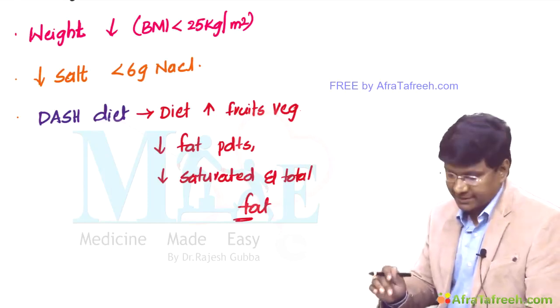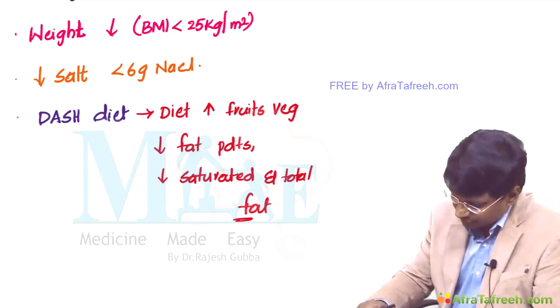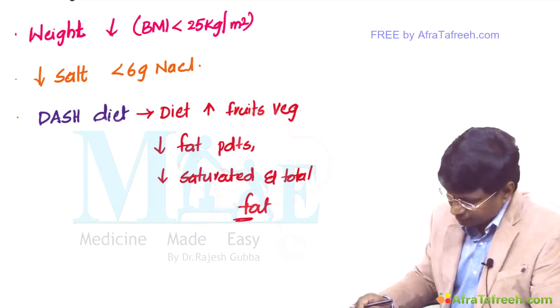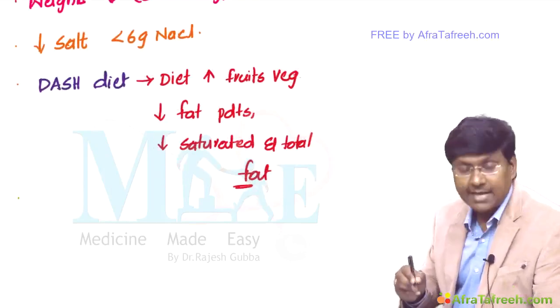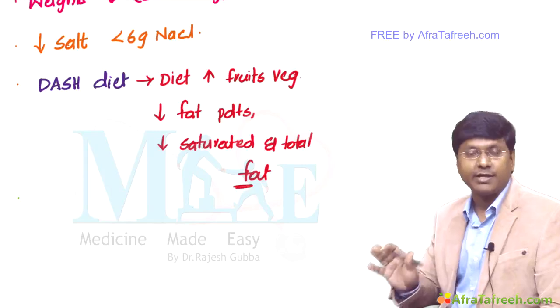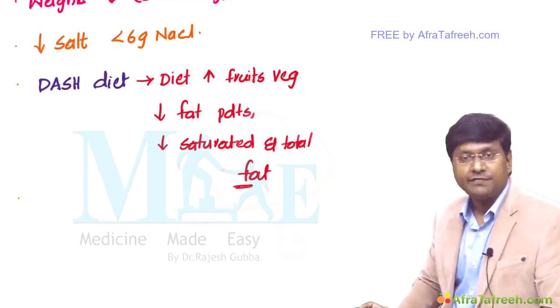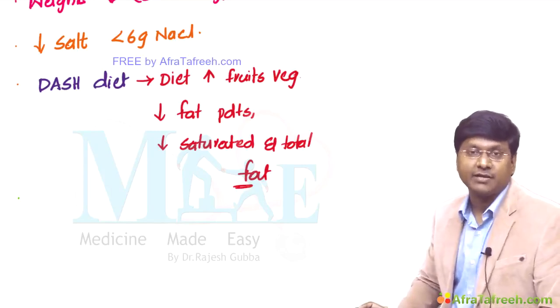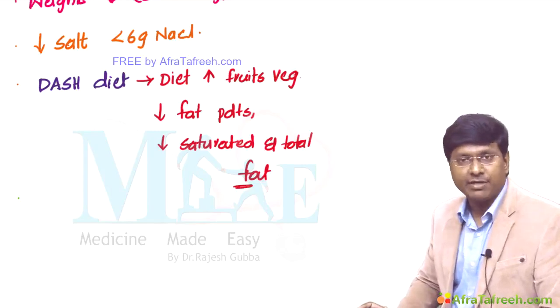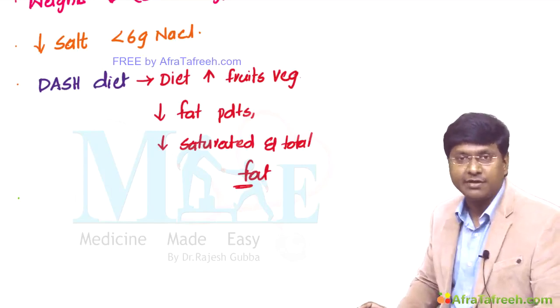And this particular DASH diet can reduce the blood pressure of the individual. Next to the DASH diet, alcohol consumption should be moderate if the individual is ethanolic. In men, the individual can take up to 2 drinks, and if it is women, up to 1 drink per day.